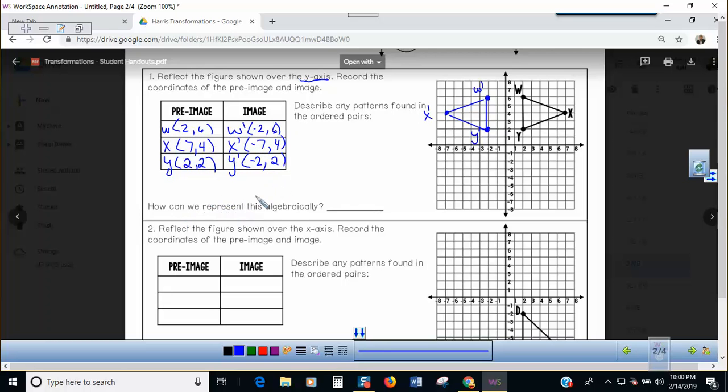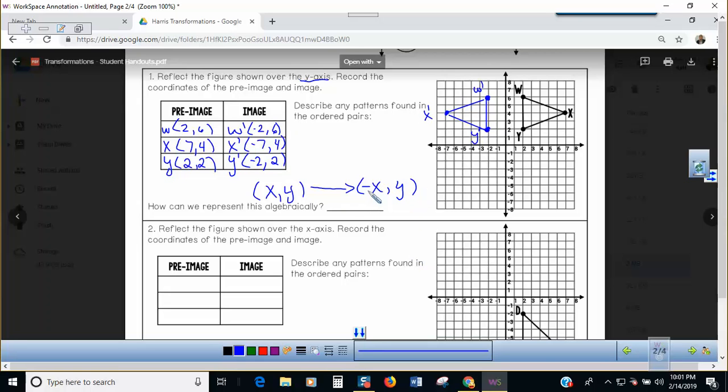So to represent this algebraically, all we have to do is we're going to say x, y, which was our original ordered pair, transformed to the opposite of x and the same y value. Okay, the opposite of x and the same y value.